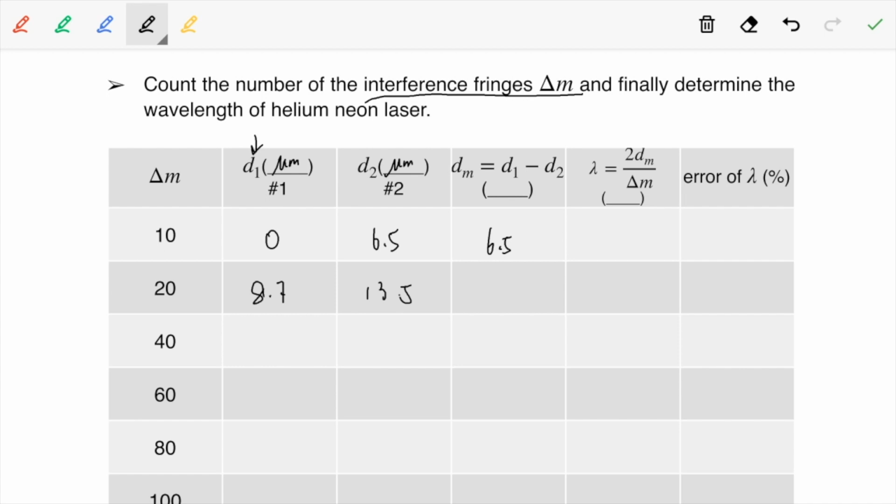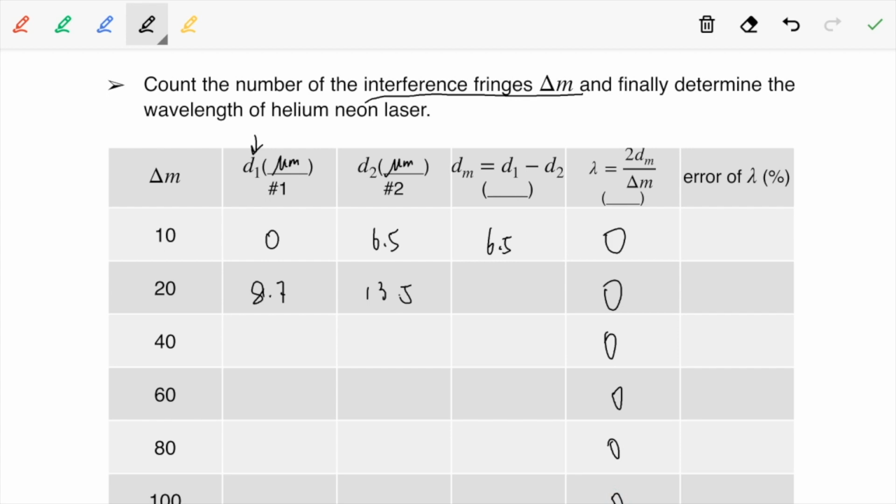It's a long video, several minutes. Then you'll get several dm, and you can get the lambda each time: lambda 1, 2, 3, 4, 5, 6.